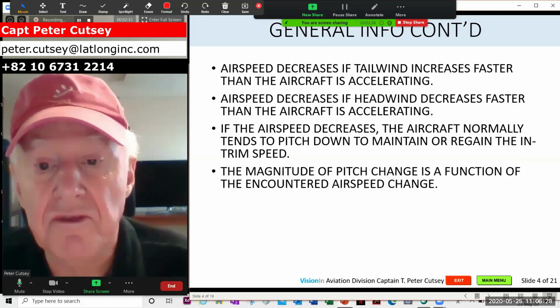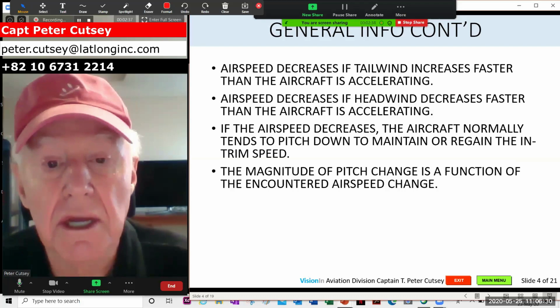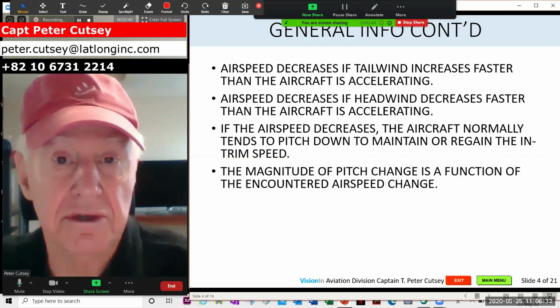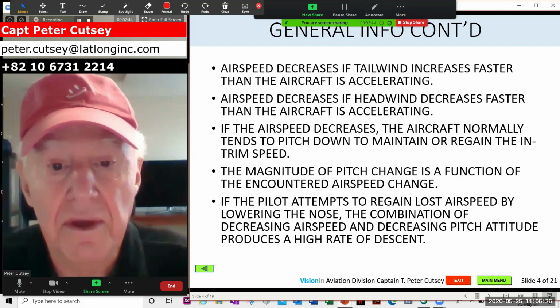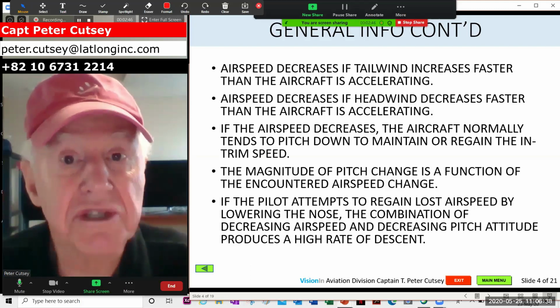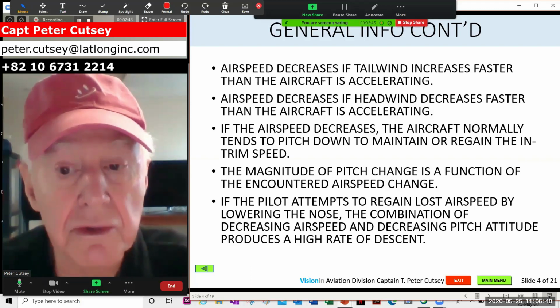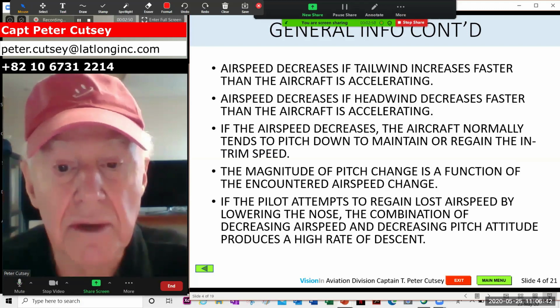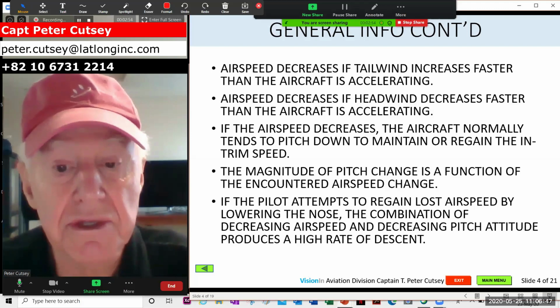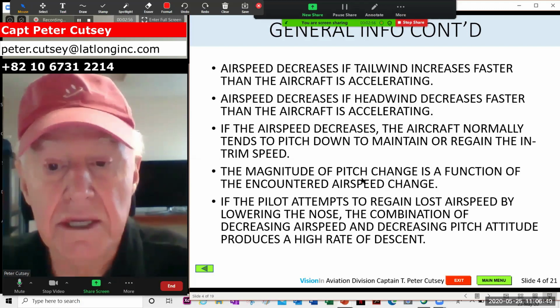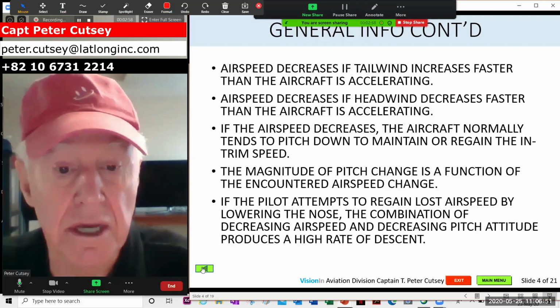The magnitude of pitch change is a function of the encountered airspeed change. If the pilot attempts to regain lost airspeed by lowering the nose, the combination of decreasing airspeed and decreasing pitch attitude produces a high rate of descent. So you have to watch that.